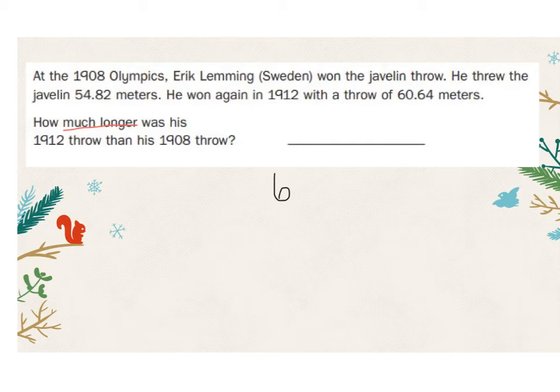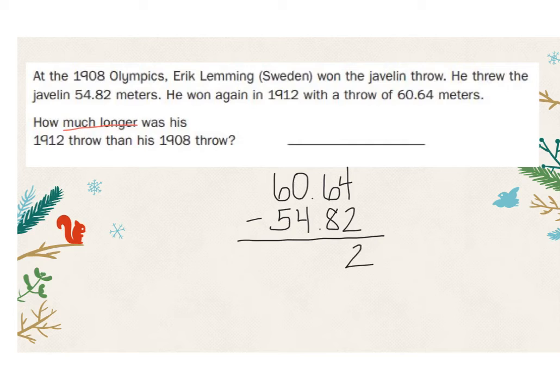So if I start off with his value of 60 and 64 hundredths, to find the difference, I'd subtract his initial throw, which was just a little bit shorter. 4 subtract 2 is 2 in the hundredths. 8 subtracted from a 6, not enough. So I could go next door to the ones place, but they don't have any, so I have to go again.